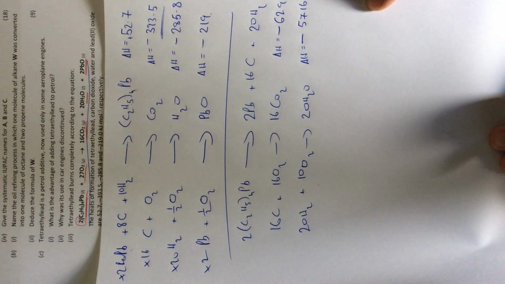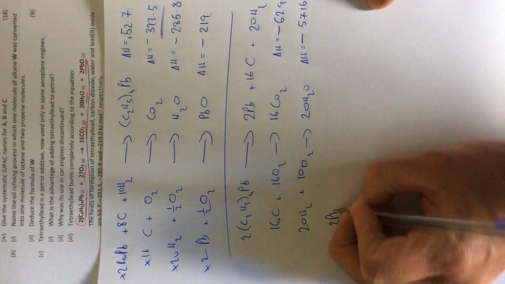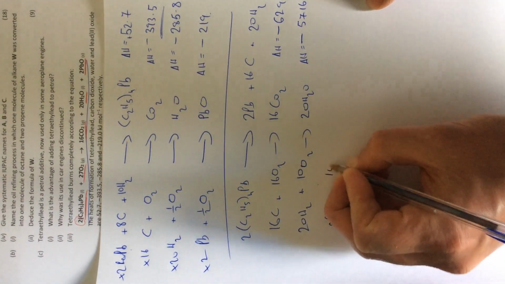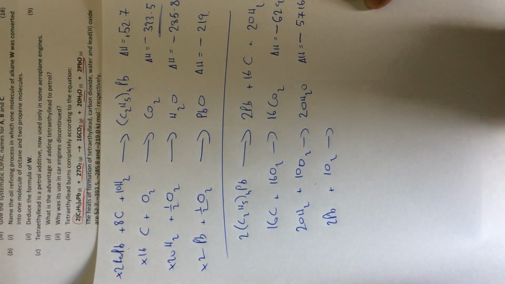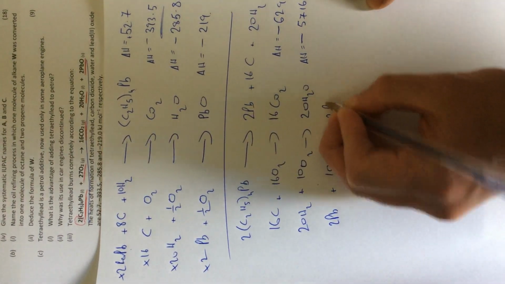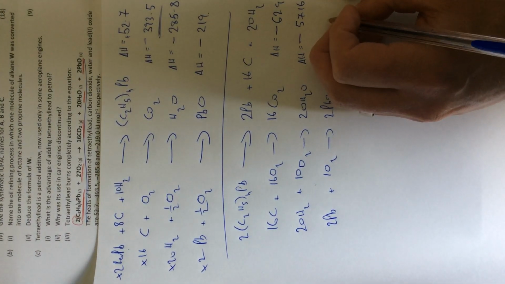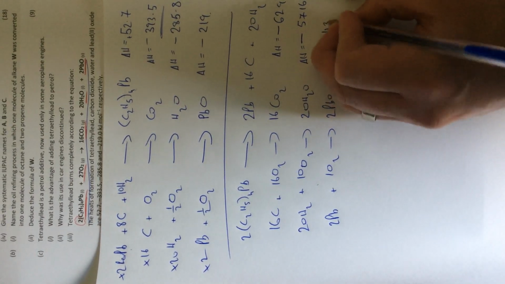So that's your delta H. Last one then, 2 Pb plus 1 O2, half by 2 gives you 1, and then that's going to give you 2 PbO. In this case your delta H is going to be minus 438.